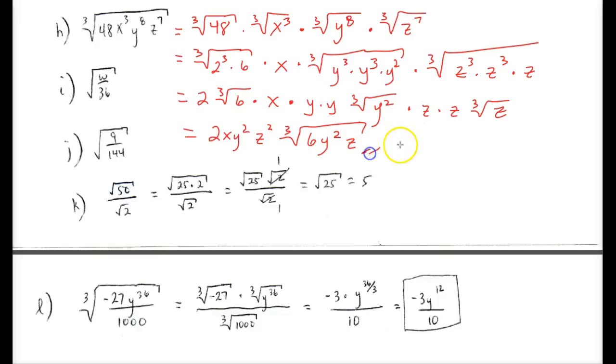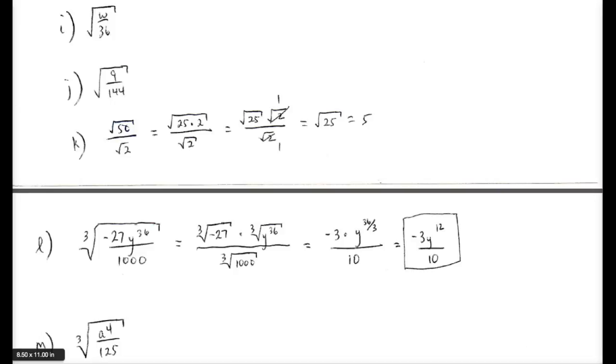And so this would be our final answer for that. So now I'll go ahead and erase this, and then that'll leave us some room to do some of the other examples we have. All right, so moving on to our next set of examples here.